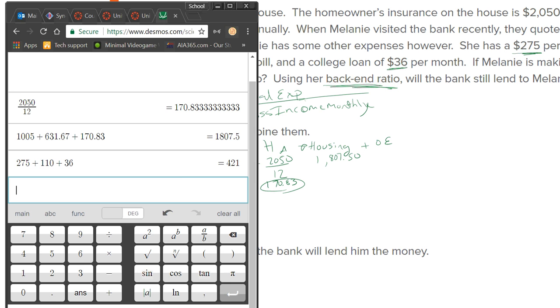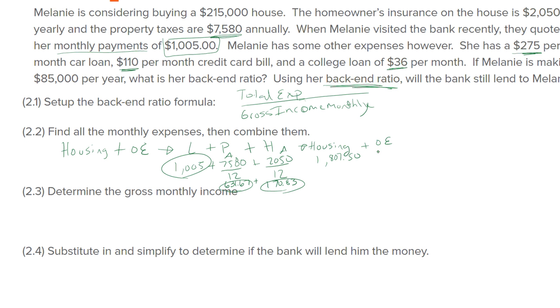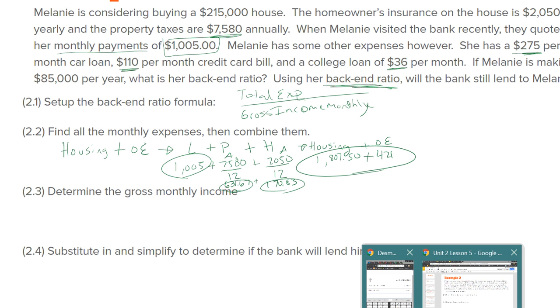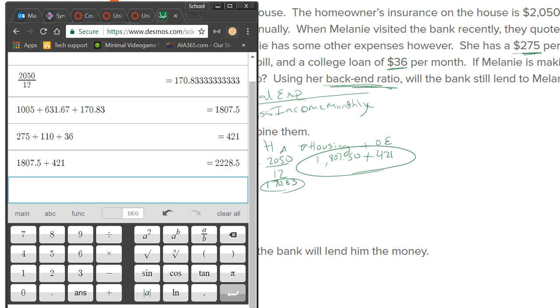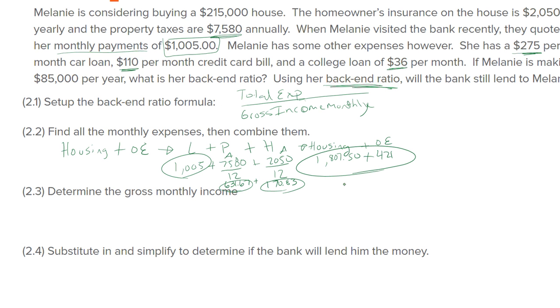All right, and we get $421. And then we're going to combine that with our housing expenses. So we get 1,807.5 plus 421, and we get $2,228.50.